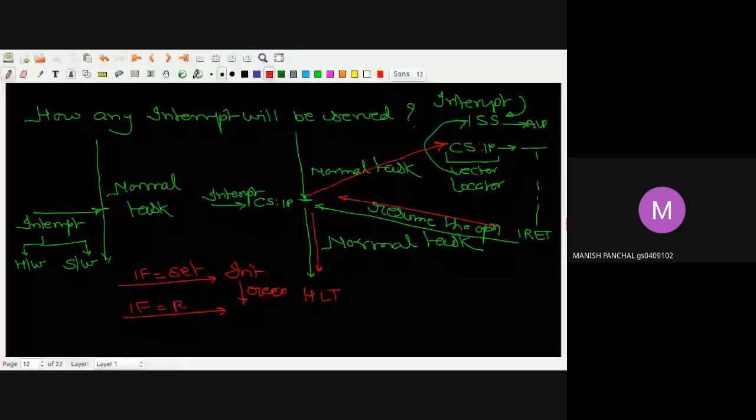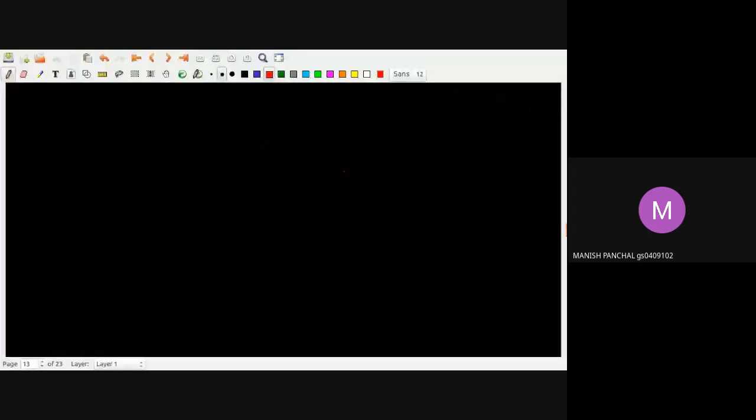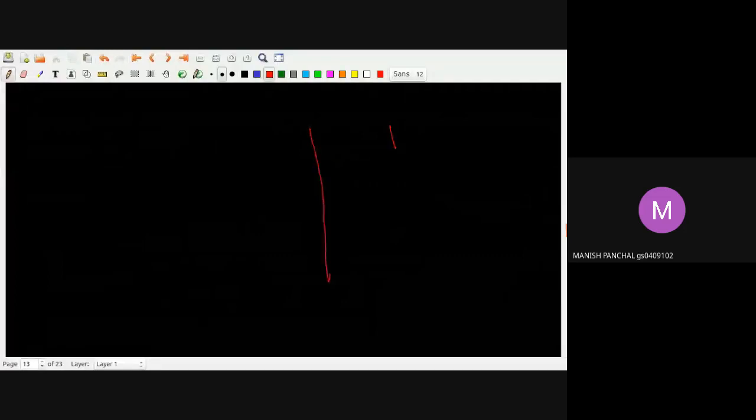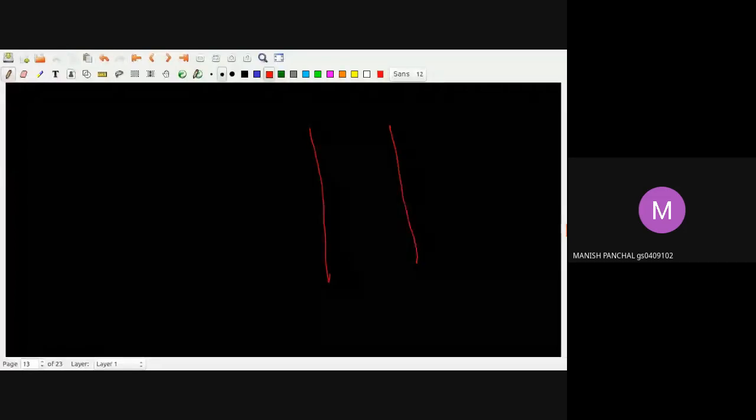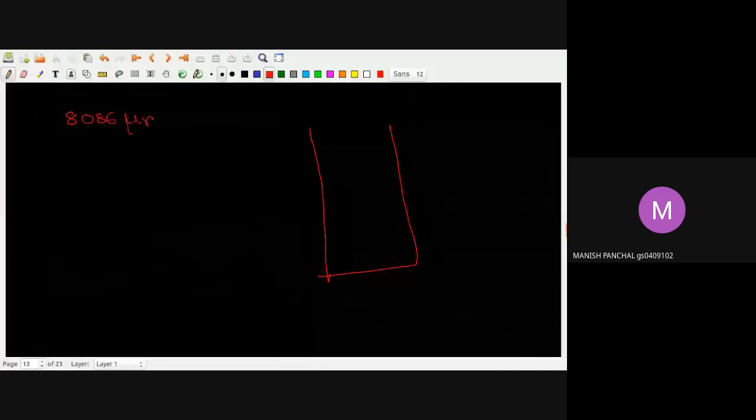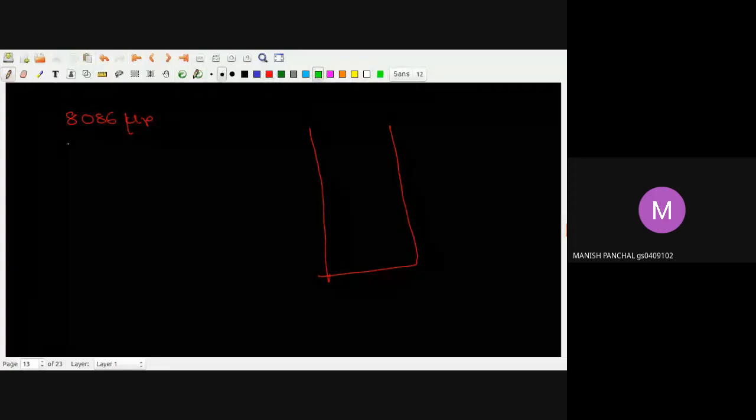So the condition says that you have to retain the flag status also on the stack. A very important thing that Shubhanshu has discussed here is that we should use the stack. Suppose I use one stack for that. To define the stack, in the case of the 8086 microprocessor, we will require the combination of stack segment and SP.